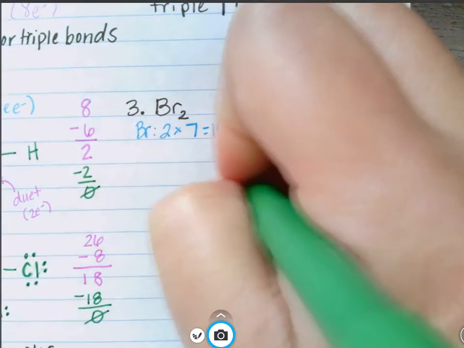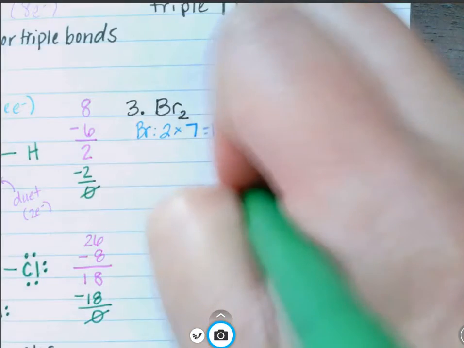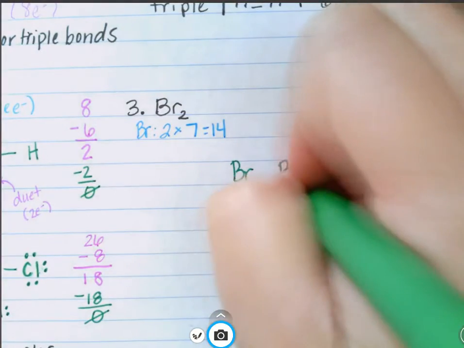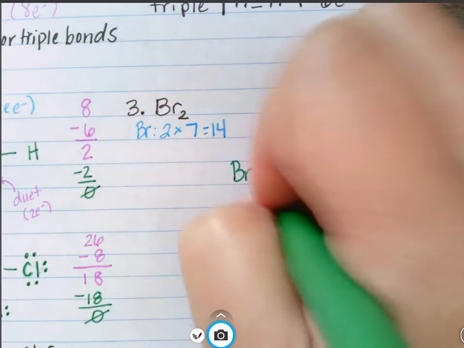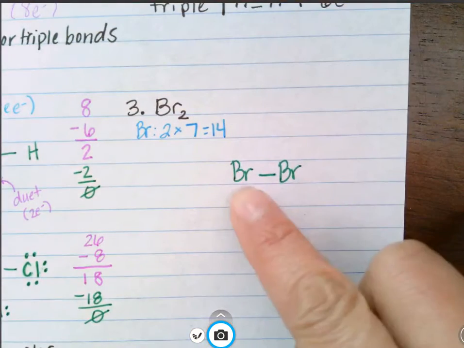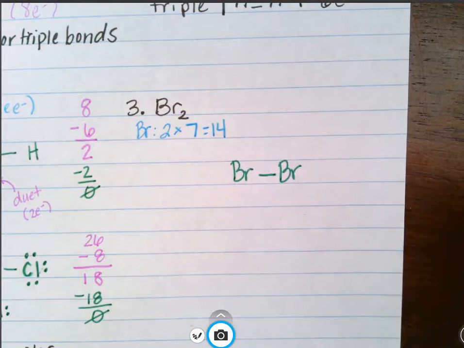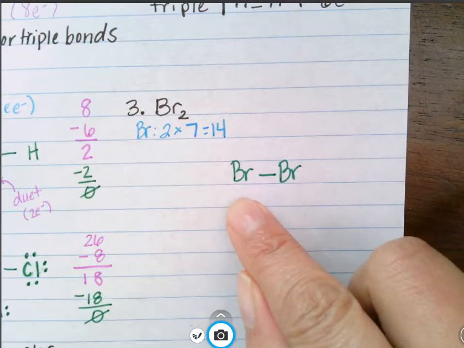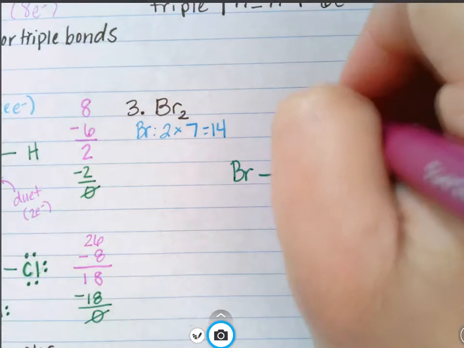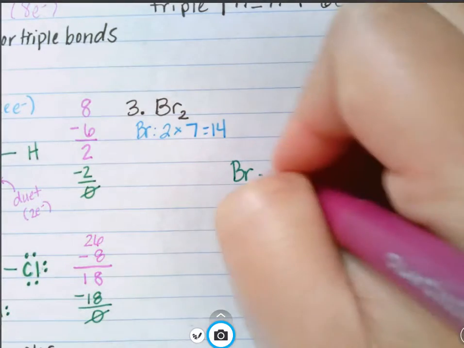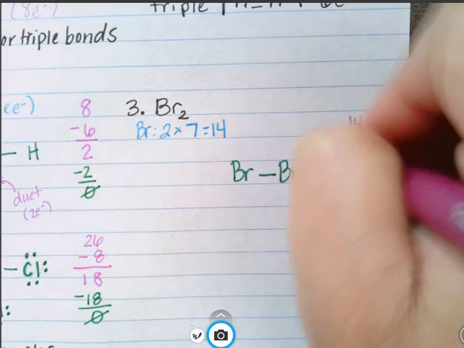We'll put bromine next to each other. No real central atom. So bromine, bromine. I'll draw my single bond to the outside atom. So let's say that's the central, that's the outside. Really, it doesn't matter. Okay, we'll do the math for that. So 14 minus 1 bond, which is 2, leaves me with 12.